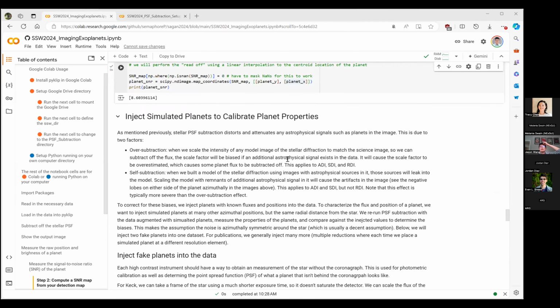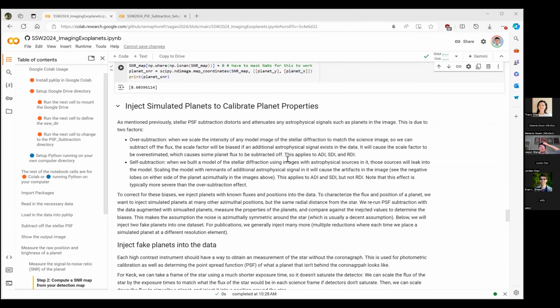So the next step we have to do for all high contrast PSF subtraction processing is we have to inject simulated planets into the data, planets of known brightness, and then measure these simulated planet properties after we injected them to calibrate their properties. Since we know how bright we injected them, we're going to measure their flux, and it's going to be slightly lower.